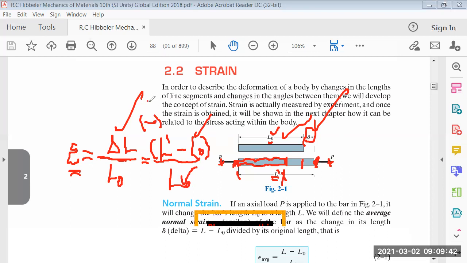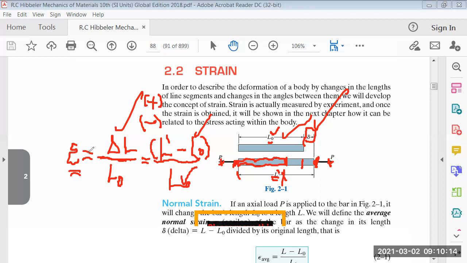But if I get a positive, like in the first example where there was a tensile force, then that means some elongation or increase in the original length has taken place within the element. That wouldn't change the strain.